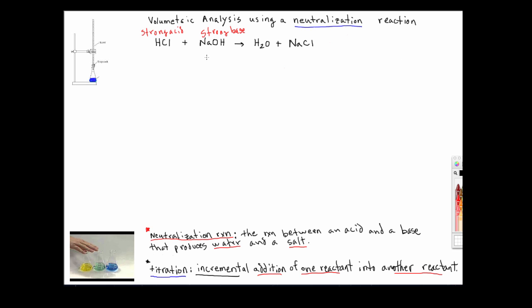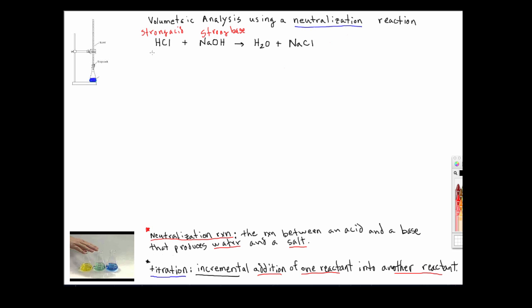Now, if you've been following my playlist, then you'll realize that for a titration, one of the requirements is that we physically isolate the two reactants from one another so that we can then incrementally add the one reactant into another.